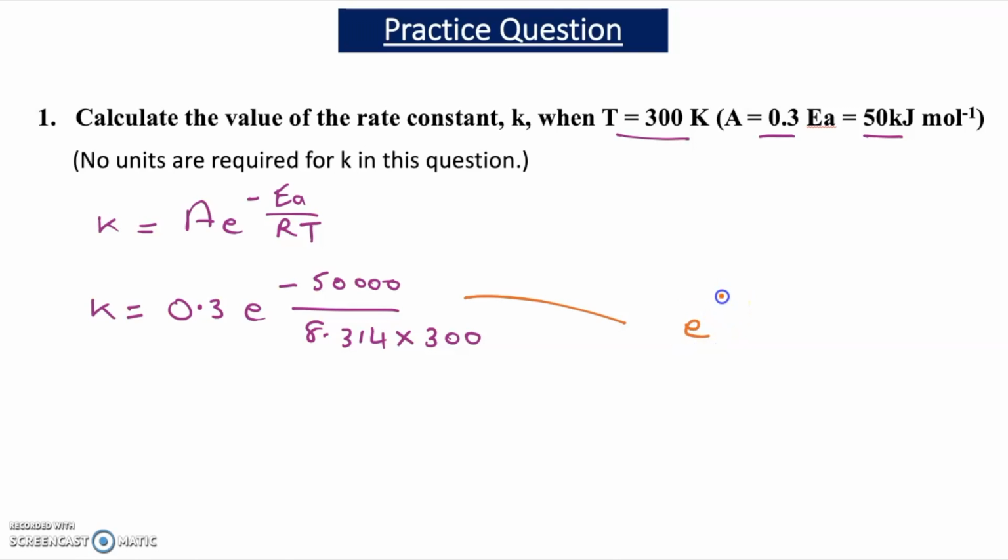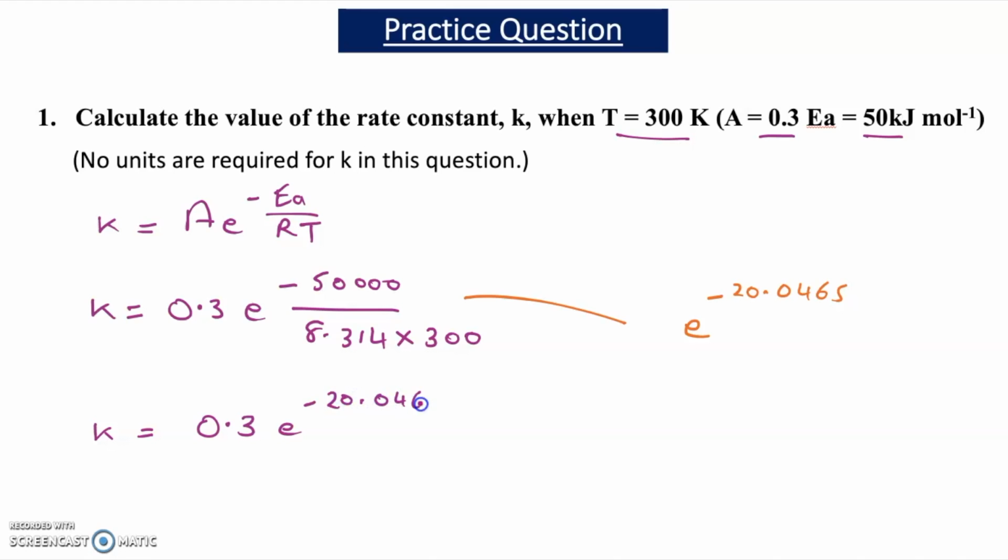So if I simplify this by working out what 50,000 over 8.314 times 300 is, this comes out to be 20.0465. So I've now simplified the e to the minus 50,000 over 8.314 times 300 as simply e to the minus 20.0465. So I've put this value into the equation.